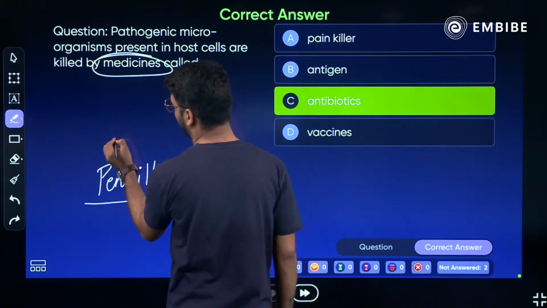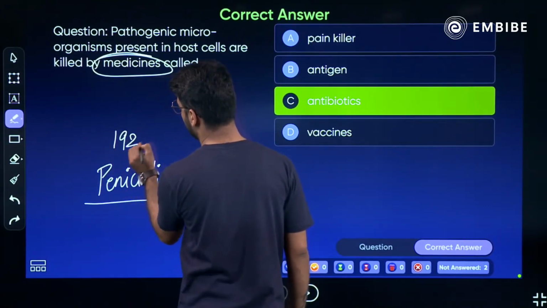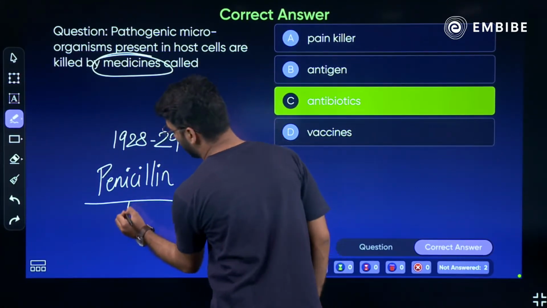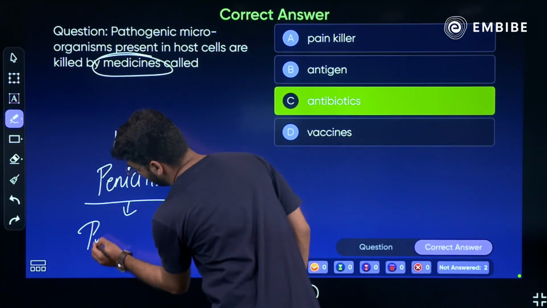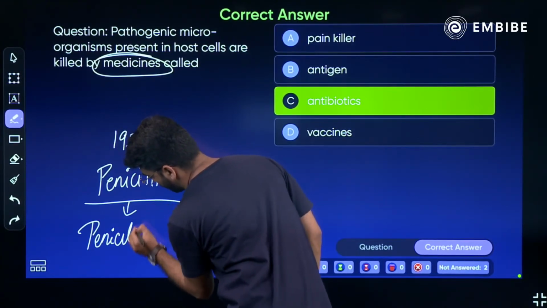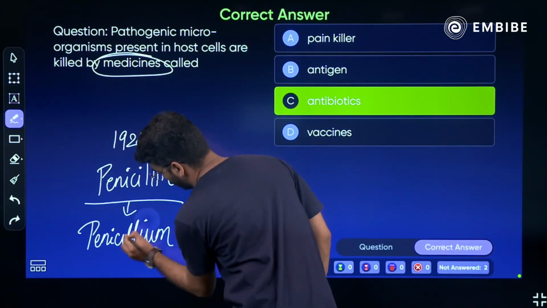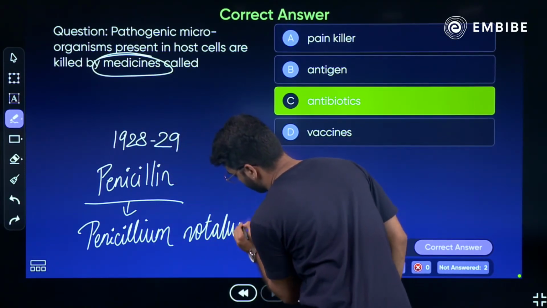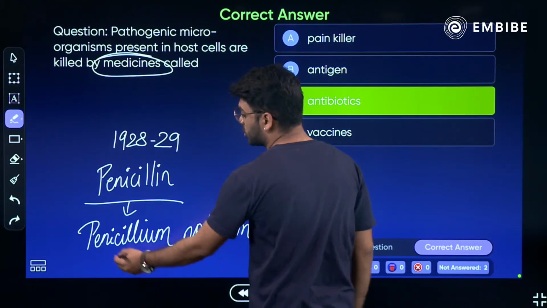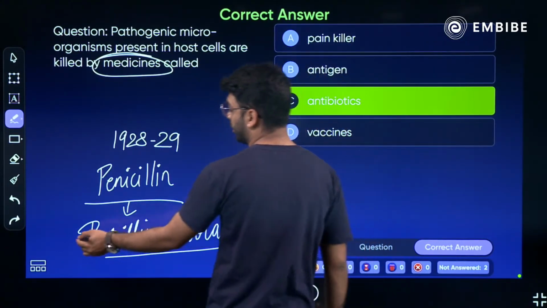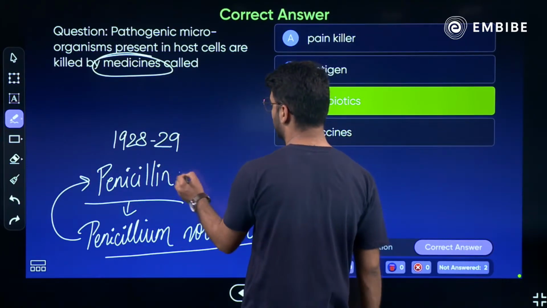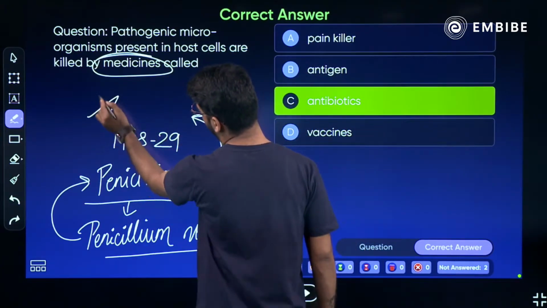Penicillin was the first antibiotic in the world, discovered in the year 1928-29 using a fungus called Penicillium notatum. ठीक है? This was a fungus. This fungus was used to make this antibiotic called penicillin by Alexander Fleming.